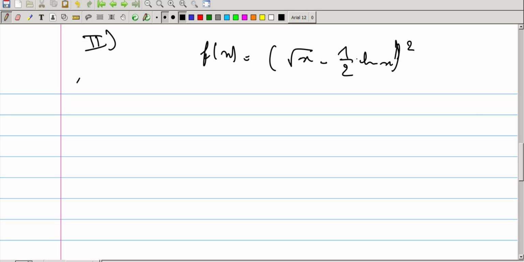Okay, good. Now you may need some attention, you know that the domain is 0 plus infinity. Cool. Now let's calculate the limits of f of x.